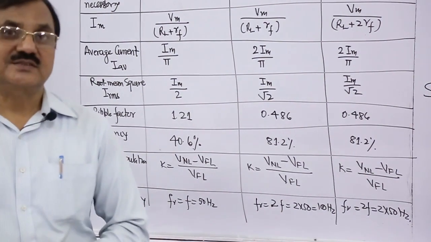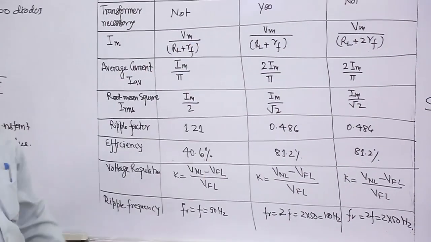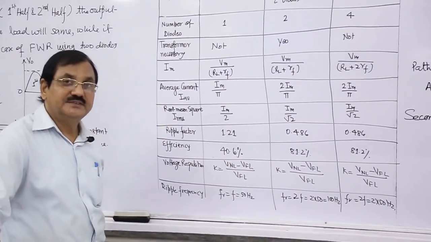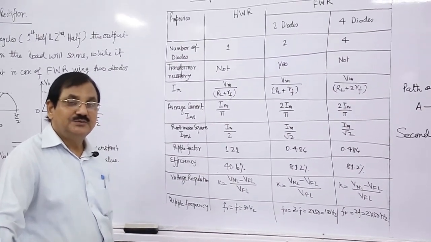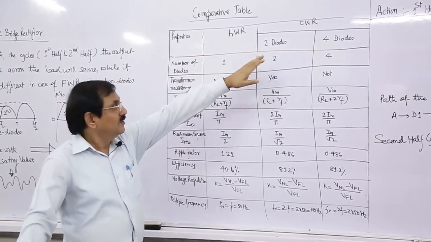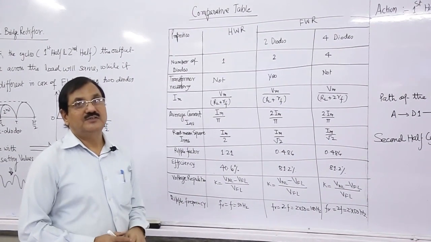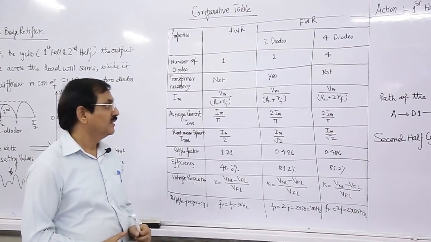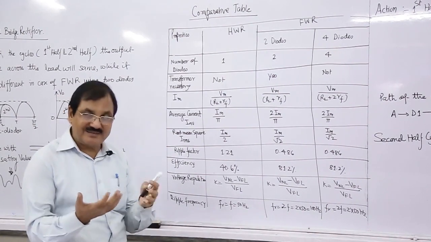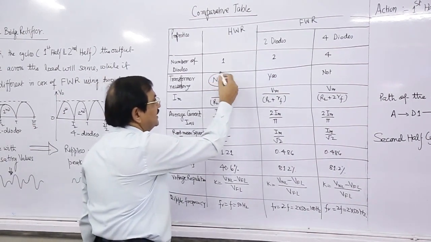So this is the comparative chart of the rectifier using two diodes, half wave rectifier, full wave rectifier in the two diodes and four diodes. So the major change is the necessity of the transformer.